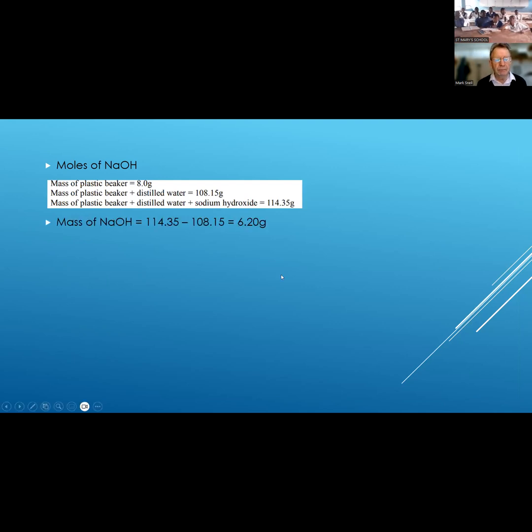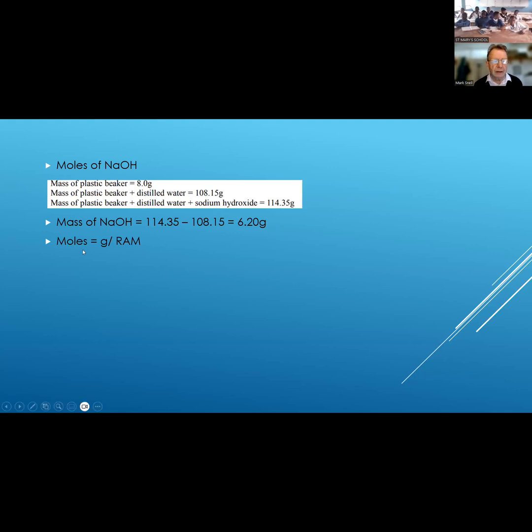Now, the rest of the calculation. The first thing is I'm going to work out the mass of sodium hydroxide. The mass of sodium hydroxide is the mass with the sodium hydroxide minus that without the sodium hydroxide, and that gives me 6.20 grams of NaOH.